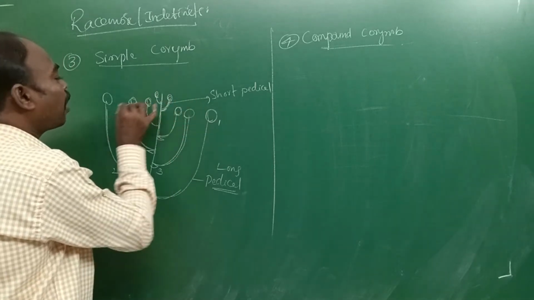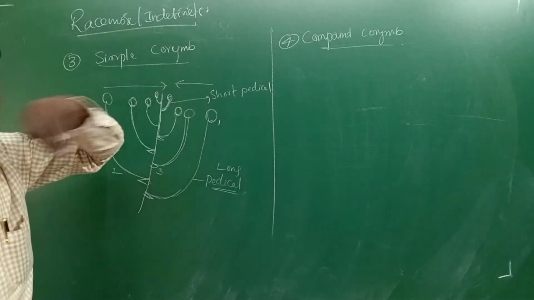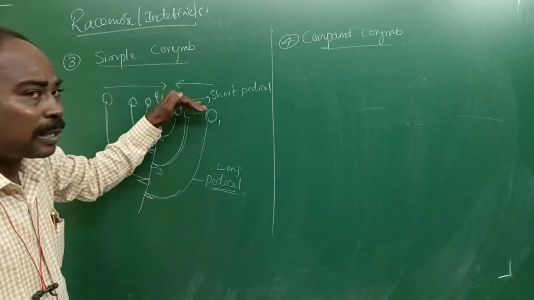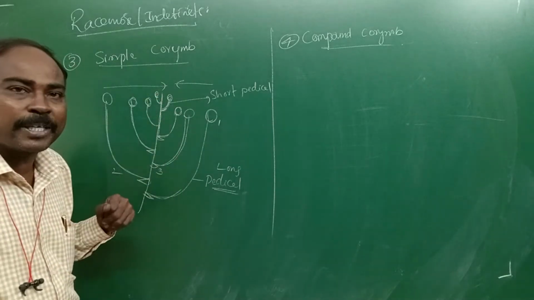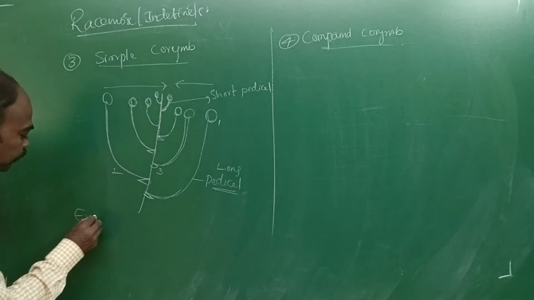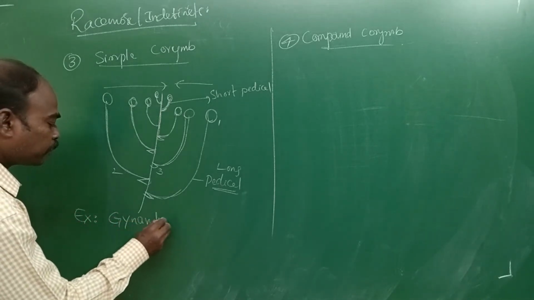So all the flowers are brought to more or less the same height. Such a racemose type is called corymb. Example, Gynandropsis.